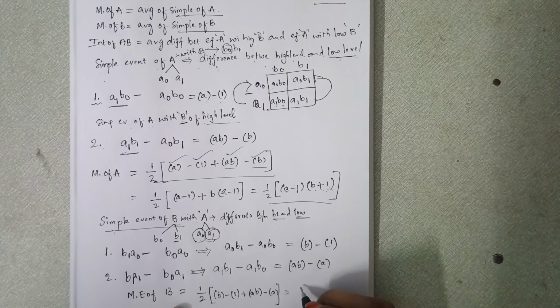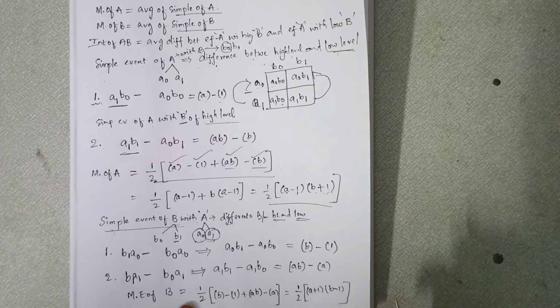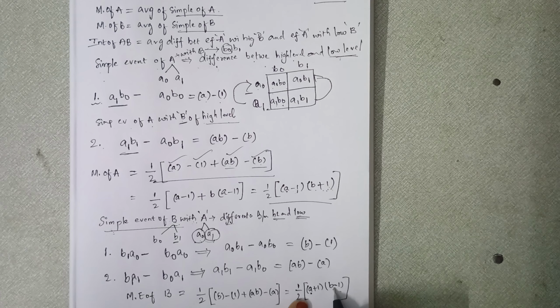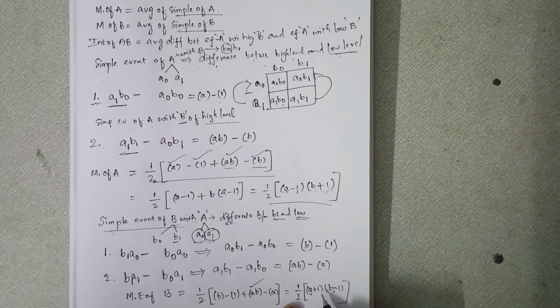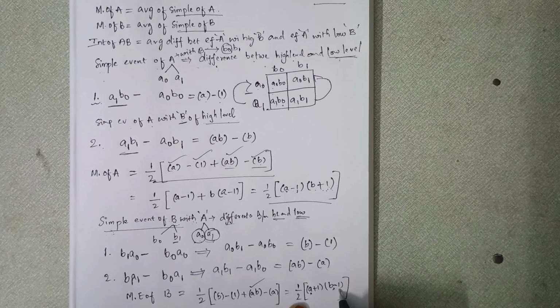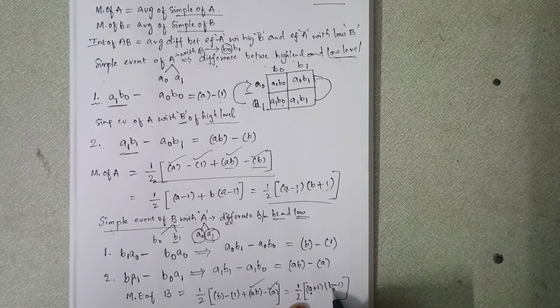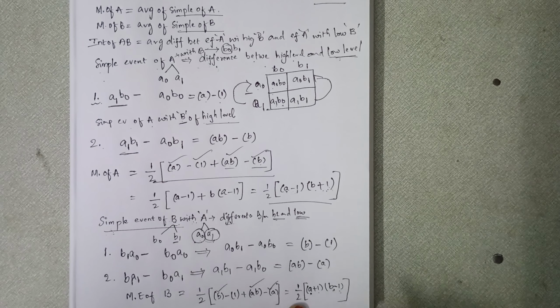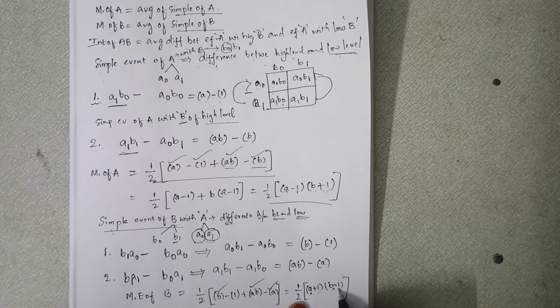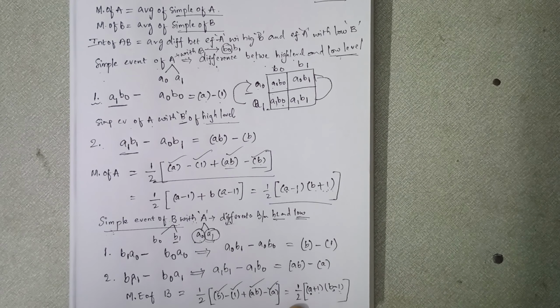Simply we can write it as 1 by 2 into (A plus 1) and (B minus 1). A into B, AB. So we got AB, and A into minus 1, minus A, and plus 1 into B, plus B, and minus 1 into plus 1, minus 1. So minus 1.